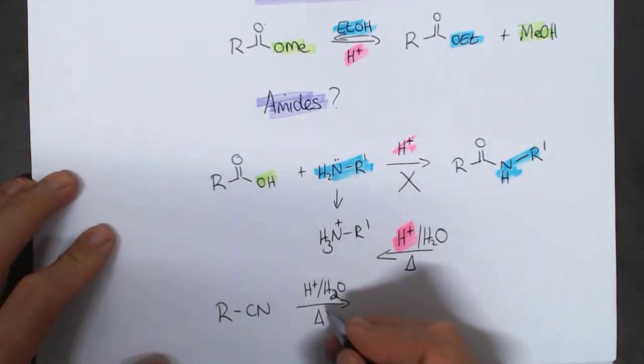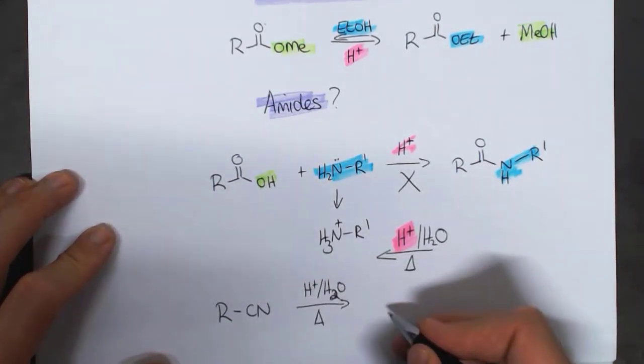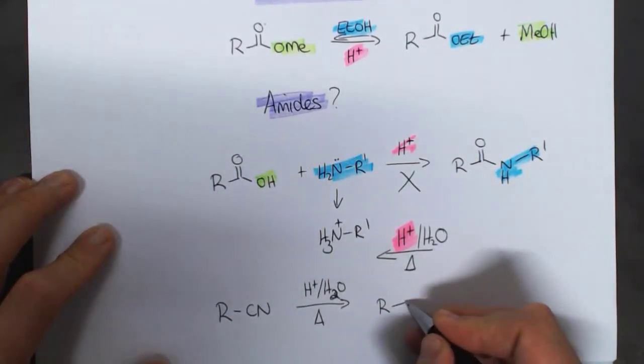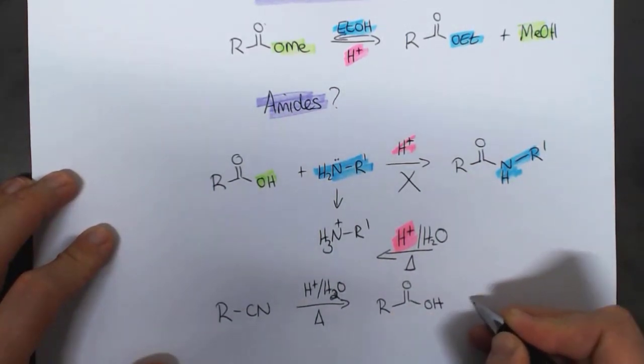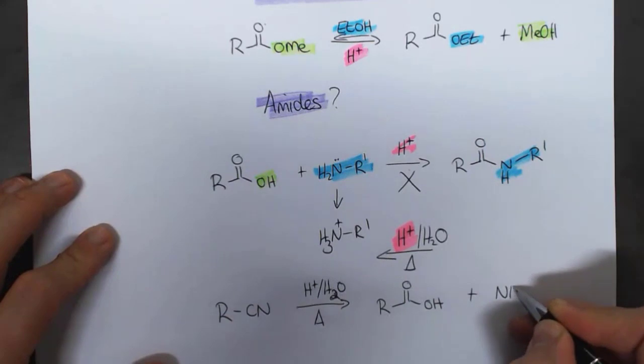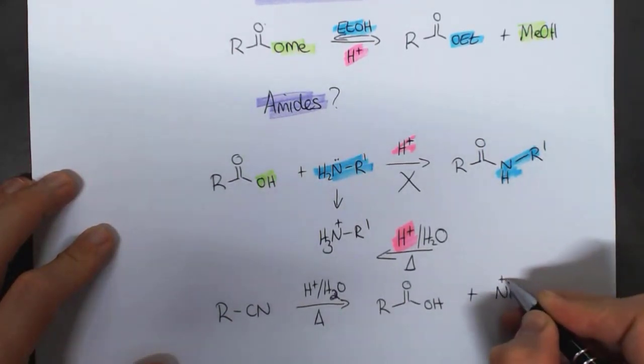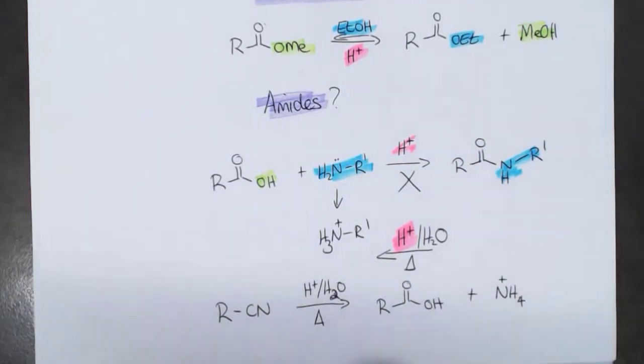We just need to use a lot of heat, some acid and some water, and what that will do is it'll hydrolyze a nitrile into a carboxylic acid, and then the leaving group will be ammonia, so the ammonium at least.